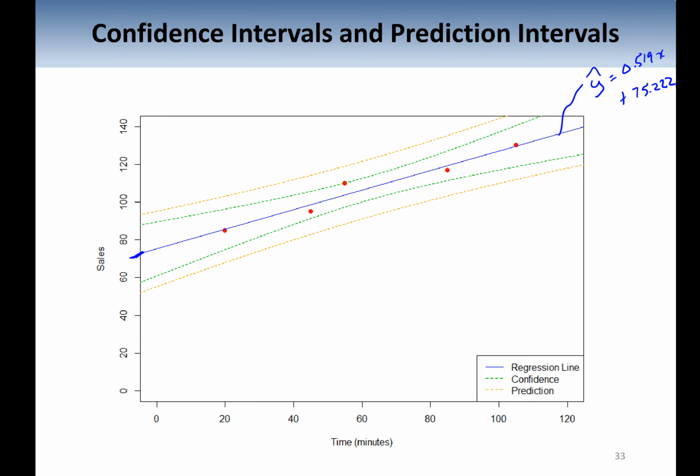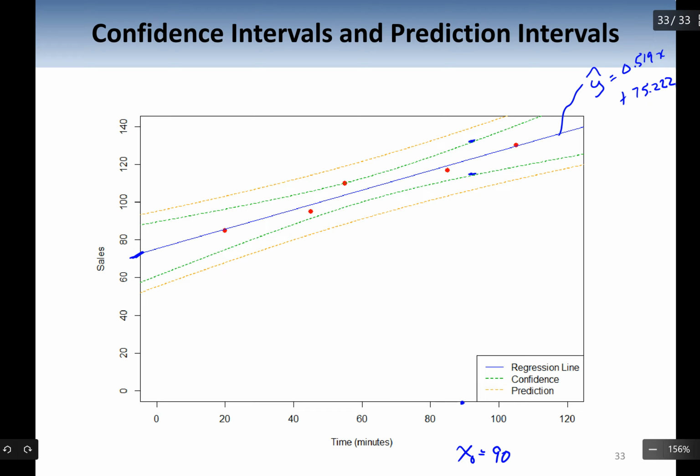The dotted green lines would be our confidence bands. So if I gave a new value, say an x naught equals 90, then we could look and the confidence band would be between this value and this value.